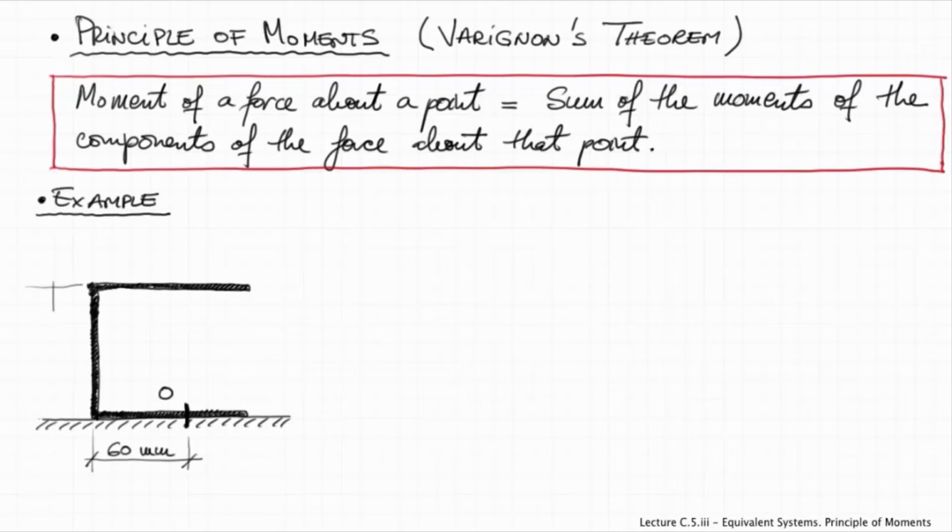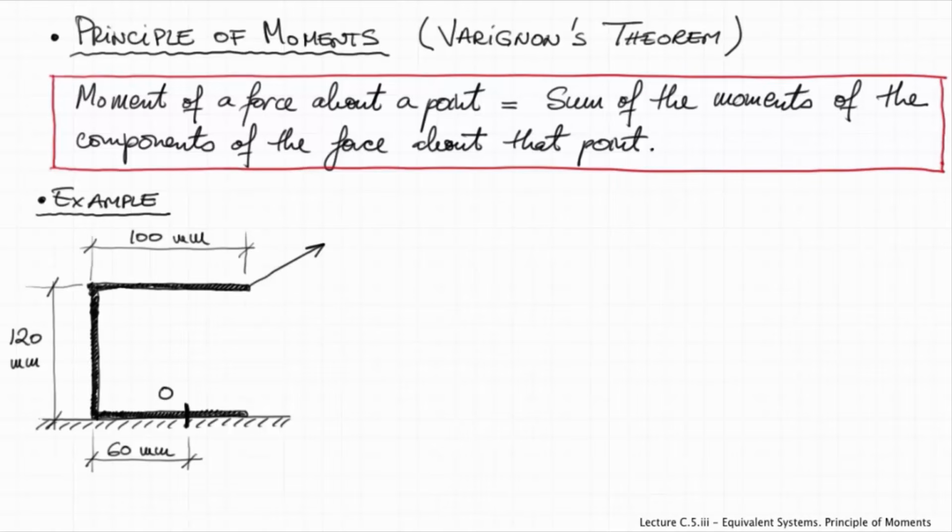The height of the bracket is 120 millimeters, and the horizontal width of the bracket is 100 millimeters.